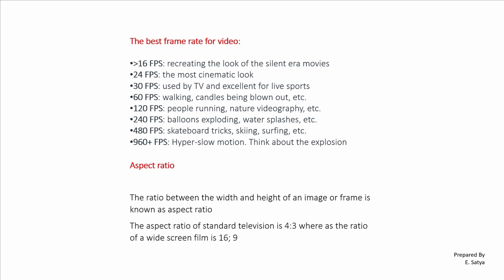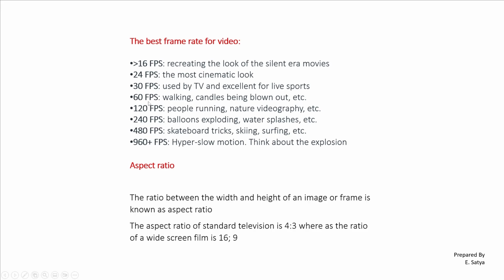For the cinematic look, 24 frames per second is enough. 30 FPS is used by TV and is excellent for live sports, where quick actions need 30 frames per second.